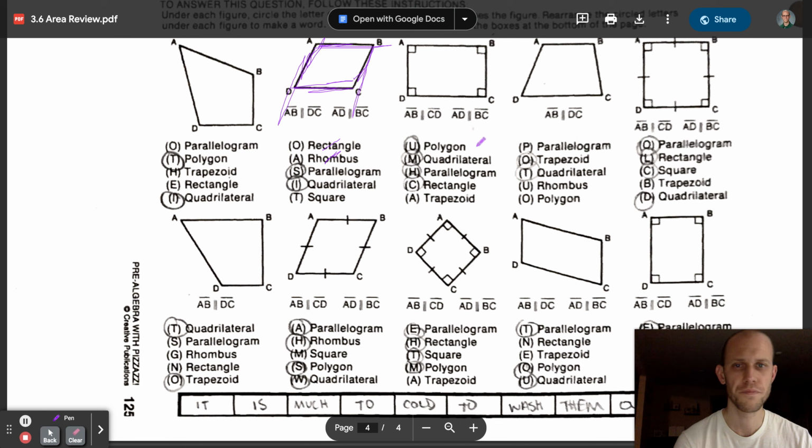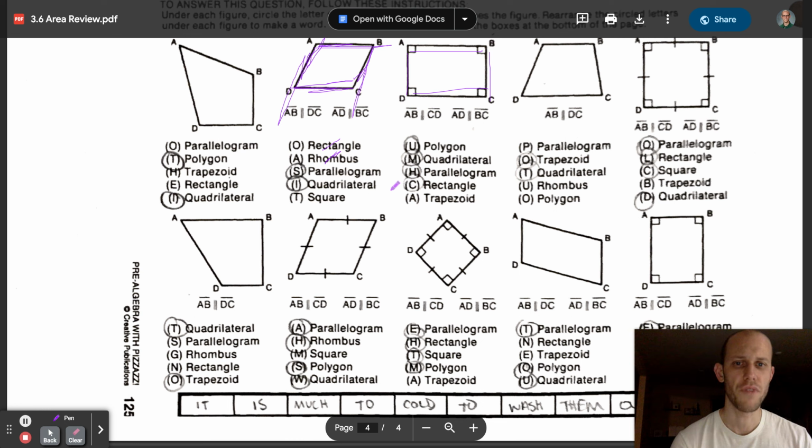So only those two. In this figure, it looks like we have AB parallel to CD and AD parallel to BC. So that is a parallelogram for sure, a rectangle because we have right angles in there, a quadrilateral because it has four sides, a polygon because it has many sides, and it would classify as a trapezoid.